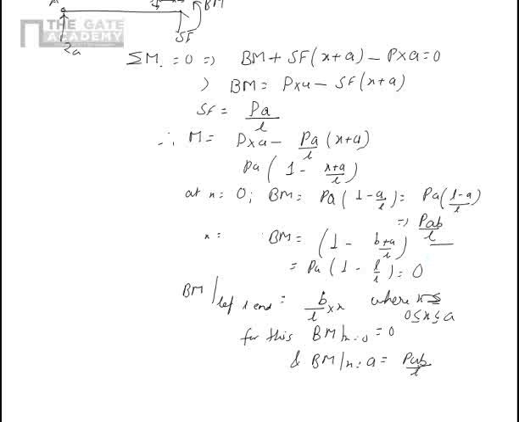So the BM diagram looks like this. Goes up, comes down to 0. This is PAB upon L. This is a positive bending moment diagram.